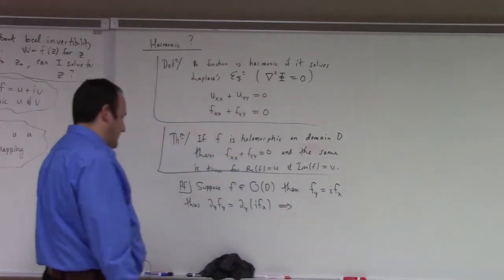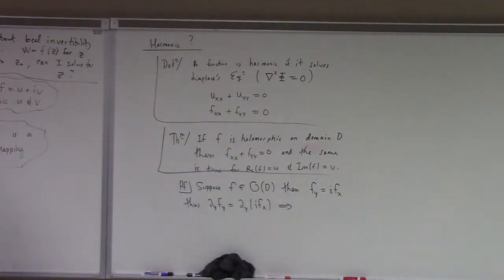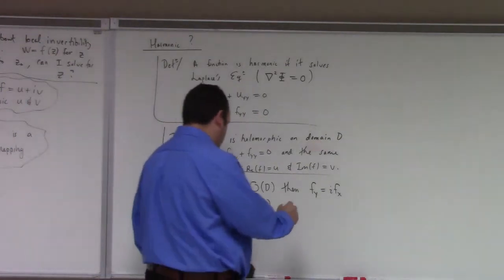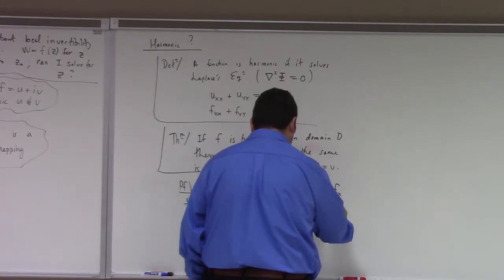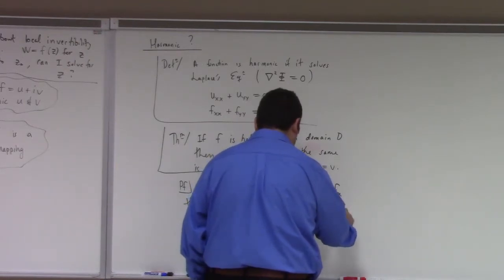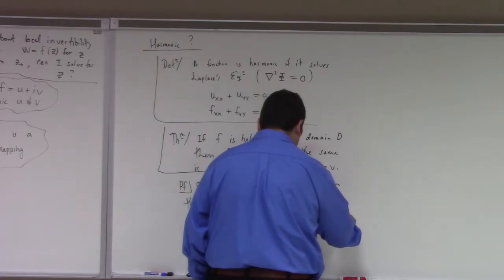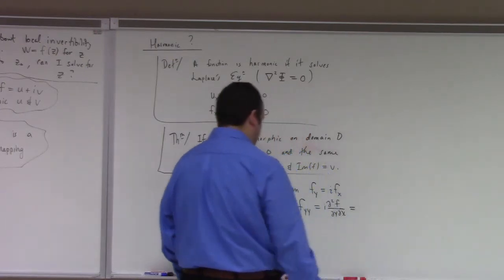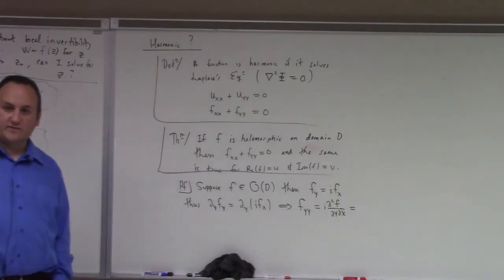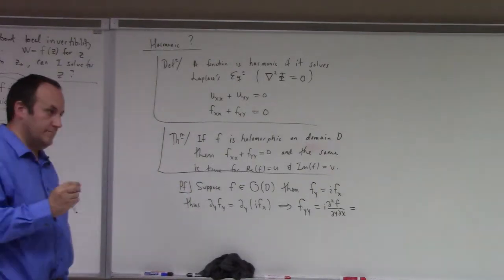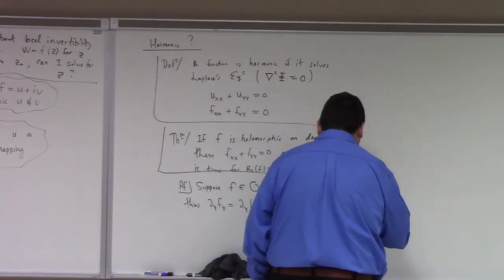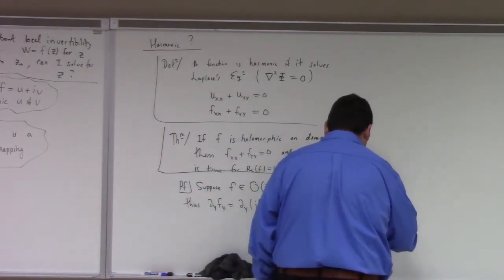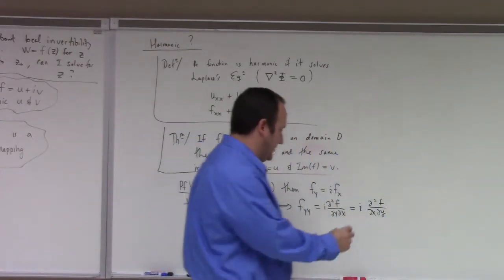But by laws of partial differentiation, we could just rewrite that as f_yy equals what? Well, to be clear, it's i times partial squared f, partial y, partial x, right? But remember, partial derivatives commute. And that's still true for complex valued functions.